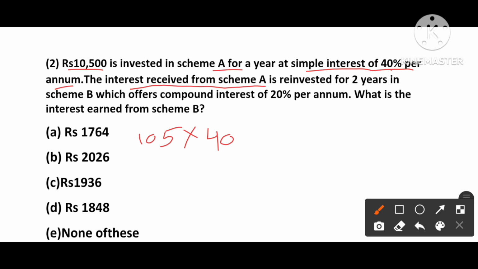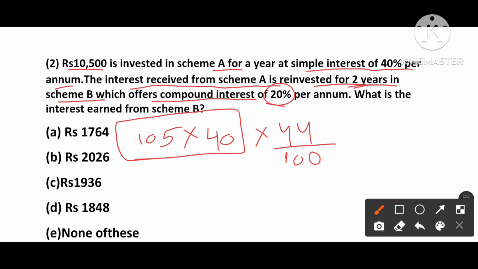The interest received from scheme A is reinvested for 2 years in a scheme B which offers a compound interest of 20%. 20% for 2 years compound interest means the total rate will be 44%. And it is on the interest what we got in the scheme A. Okay. What is the interest earned by scheme B? So we need to find the value of this one.